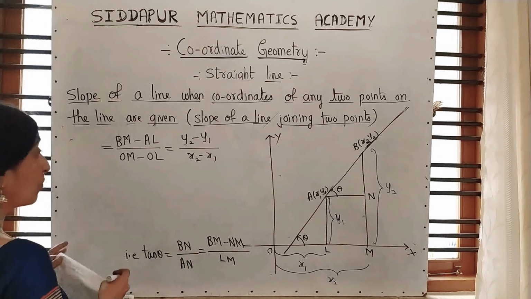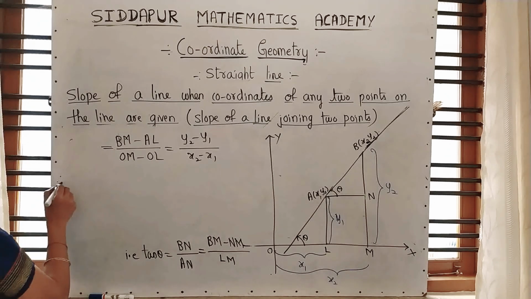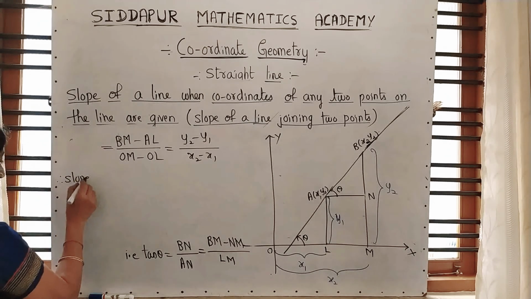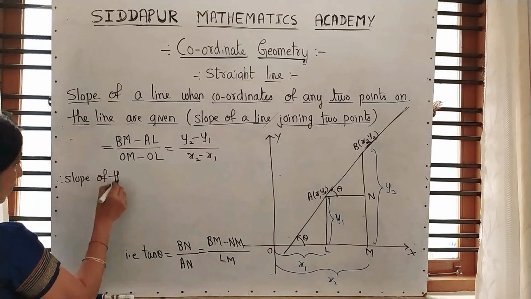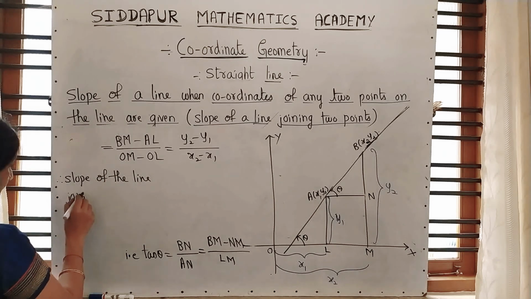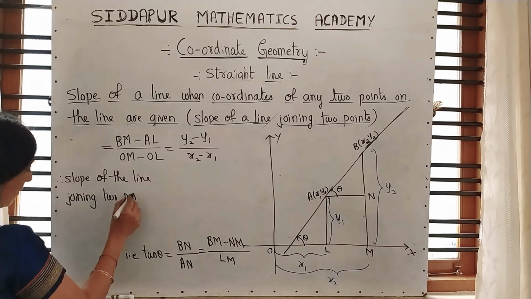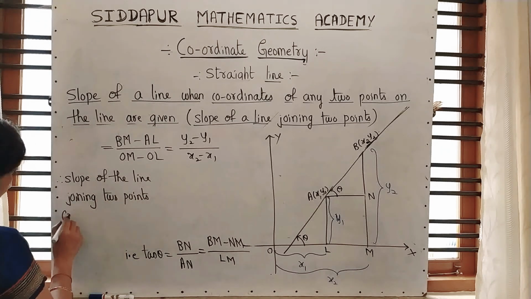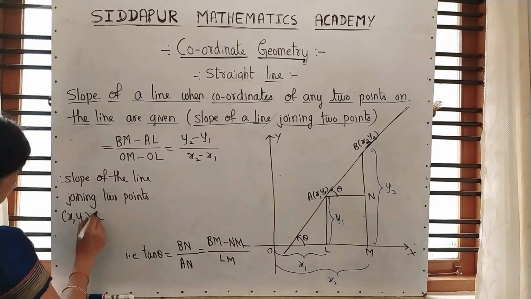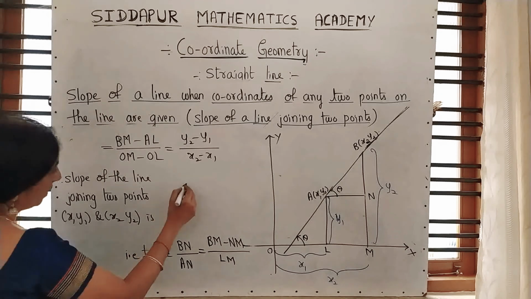That means the slope of the line joining 2 points (x1, y1) and (x2, y2) is what?